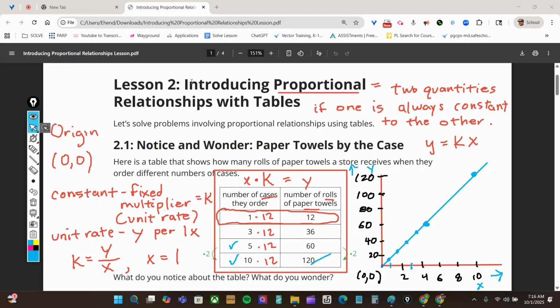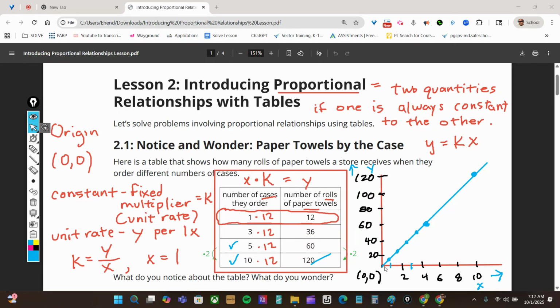So when I say constant, this line represents the constant. Okay, this blue line represents the constants because everything on x gets multiplied times, in this case, 12, which is the constant. And that will give you the y-axis.